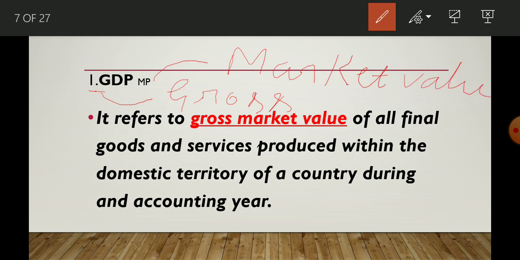All the other words are the same, the whole sentence is the same, just there will be changes in these two words. So GDP MP is written, and we will write its definition. It refers to gross market value of all final goods and services produced within the domestic territory of a country during an accounting year.